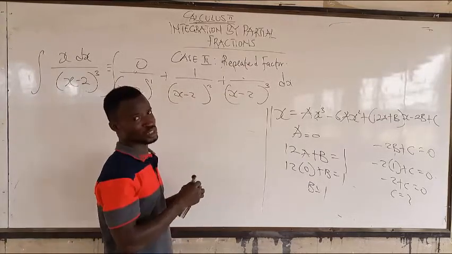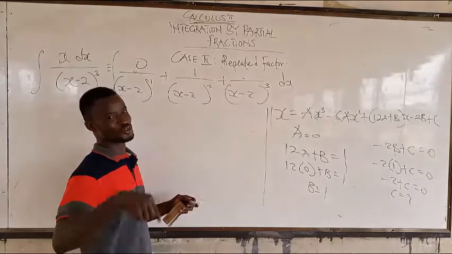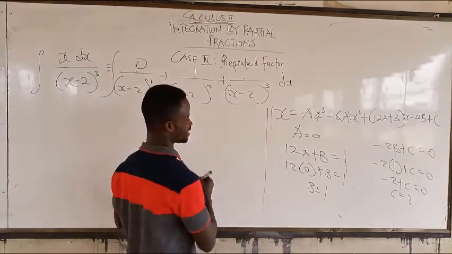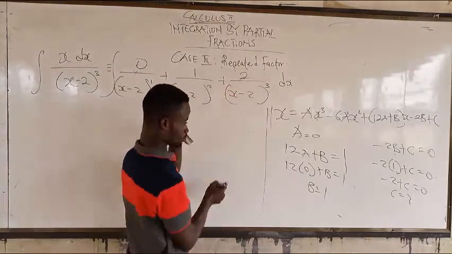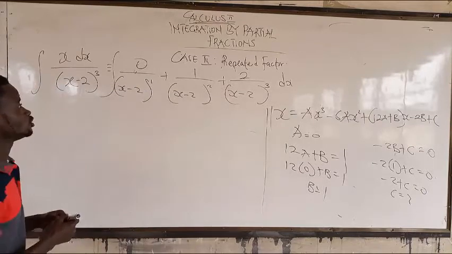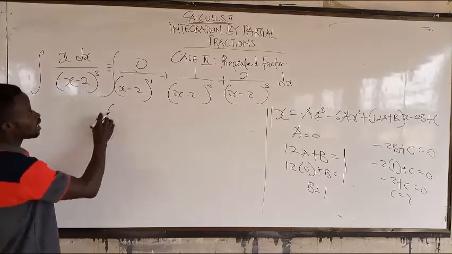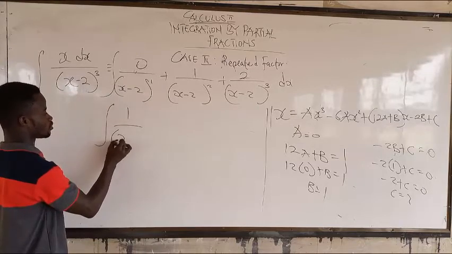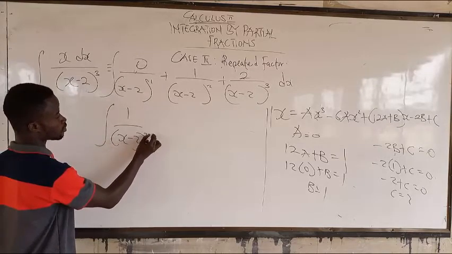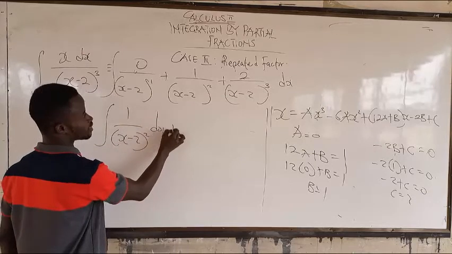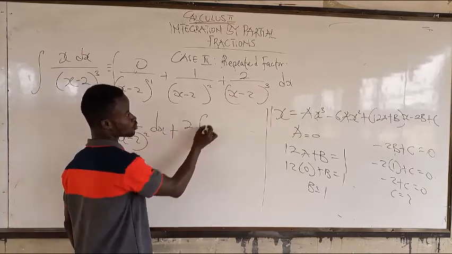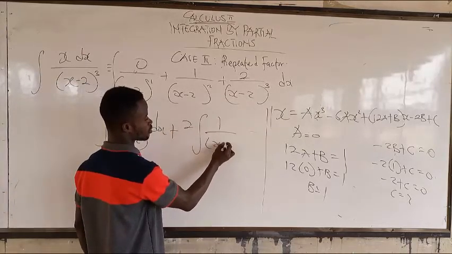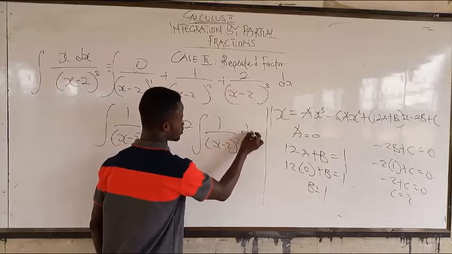Everything I'm doing on the board, you can't do that in your book, so you have to rewrite it back. So here, everything here is 0. 2 out, 1 over.